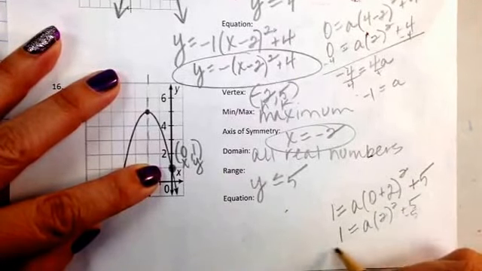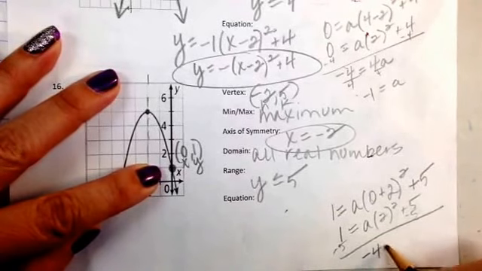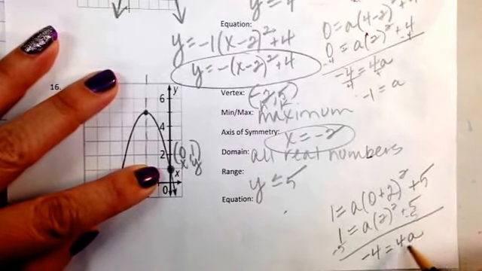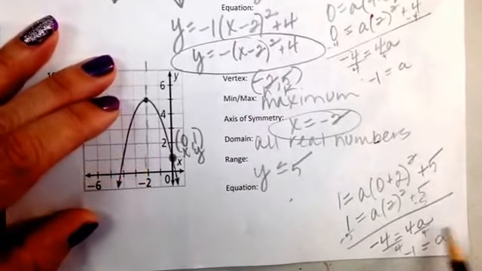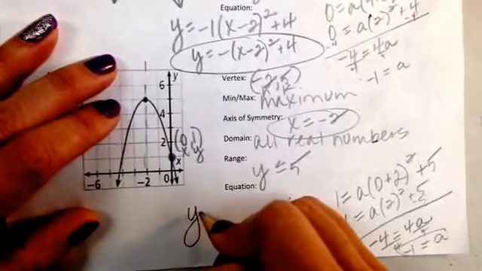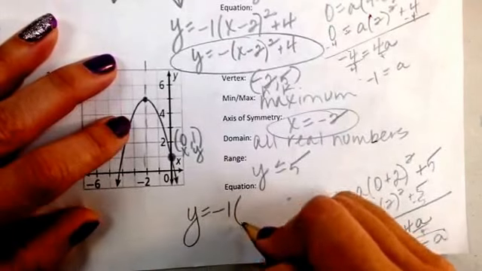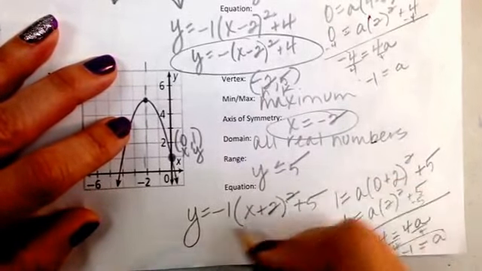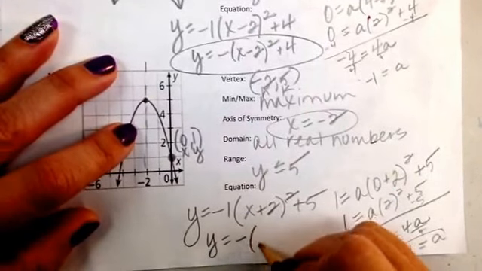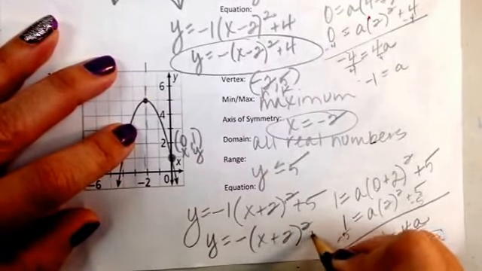If I take 5 away, negative 4 equals 4 times a. Divide both sides by 4. Again, I have a as negative 1. It goes along with the fact that my parabola opens down. Y equals negative 1 times the quantity x plus 2 squared plus 5. Y equals the opposite of the quantity x plus 2 squared plus 5.